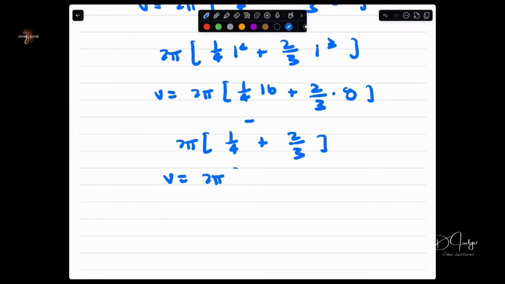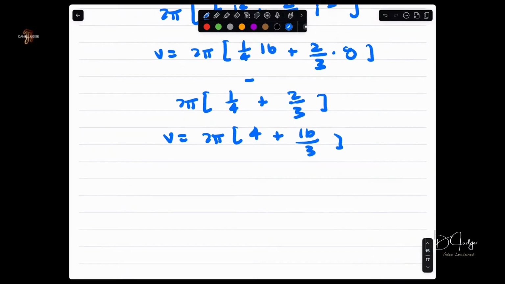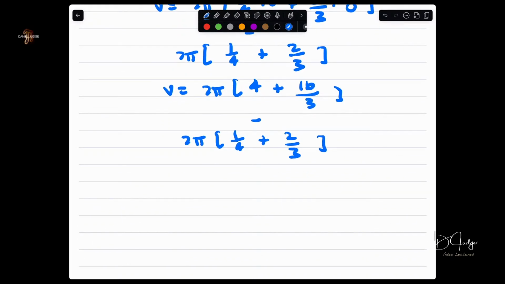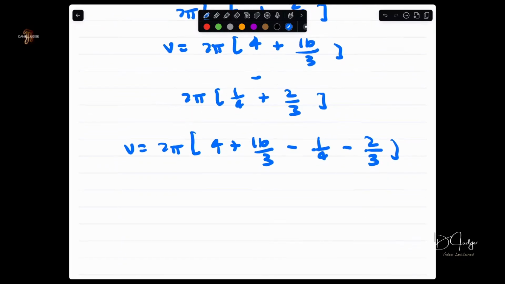So we're going to do a little bit of arithmetic. Looks like it's 4 plus 16/3. And then don't forget you're subtracting another 2 pi times 1/4 plus 2/3. I'm going to distribute here: 4 plus 16/3 minus 1/4 minus 2/3.